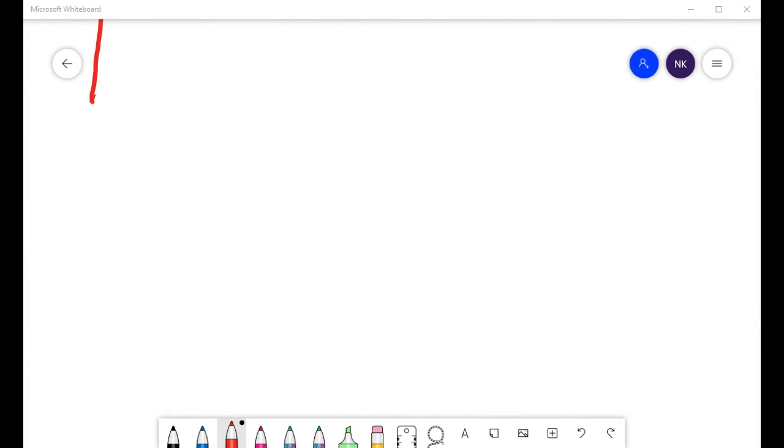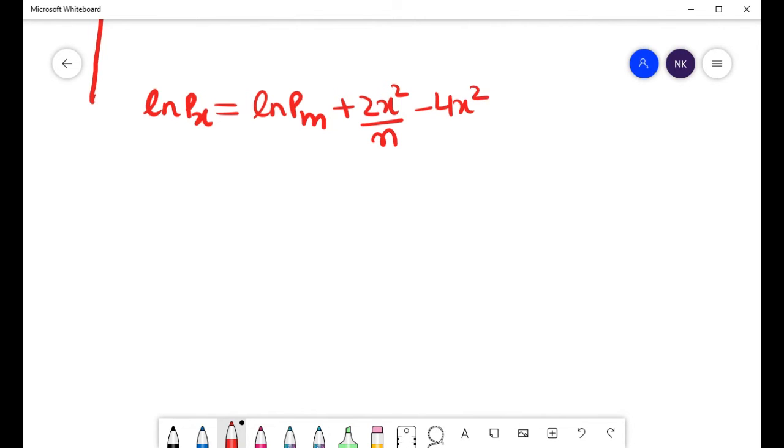So I am getting log of px is equal to log of pm plus 2x square upon n minus 4x square upon n. So which will be log of pm minus, rather मैं एक जो उसमें लिखती हूँ, I will not write.